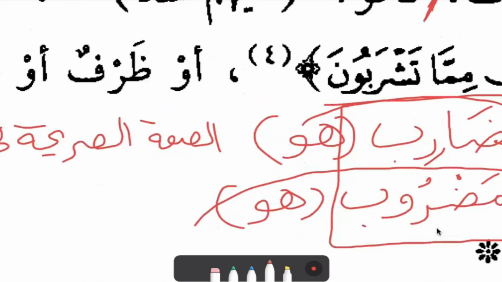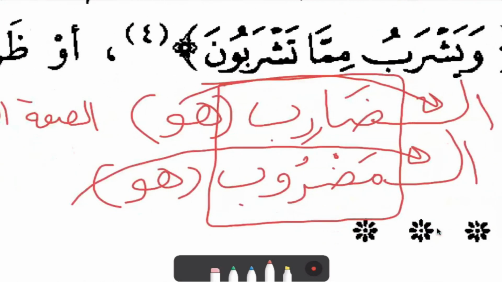There's three types of verbs, right? Madi, mudari, and amr. Does anyone know which one of these it goes to? Madi, mudari, or amr? It's mudari. Because saying striker, not was striker, he's saying he's striker. Huwa darib.